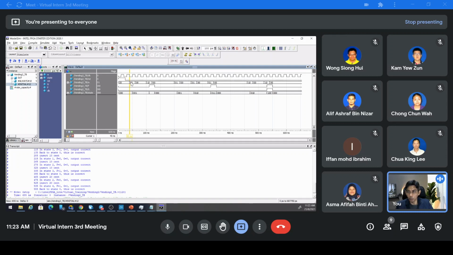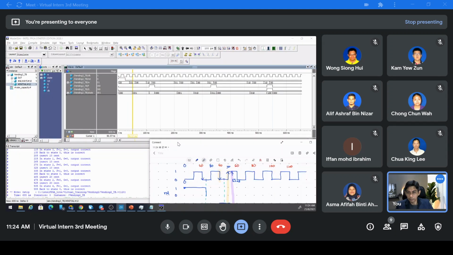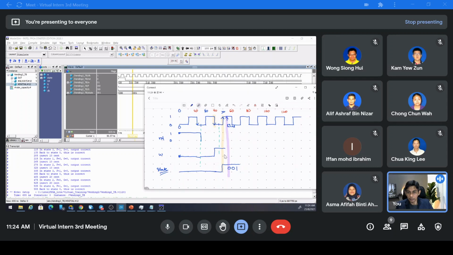So we change to 1 exactly, and the state will change at the positive clock edge here, because W changed to 1 here. At the first positive clock edge, the state will change to state 1 here at about 50 nanosecond, exactly what we have, 50 nanosecond here, go to state 001, right, and so on.